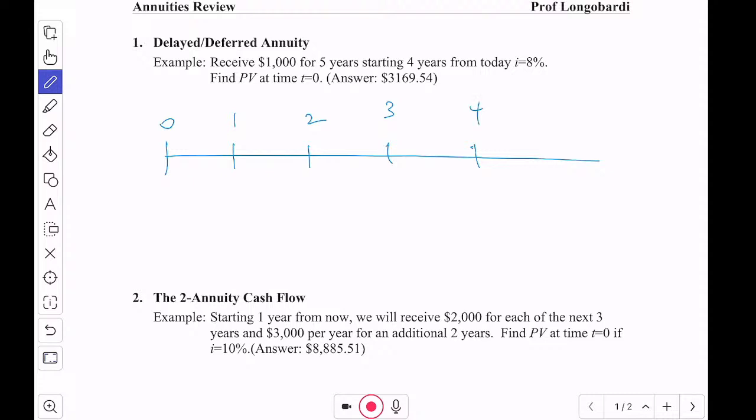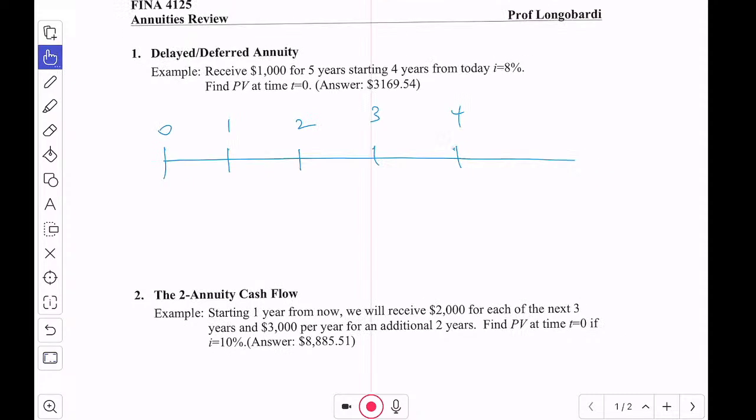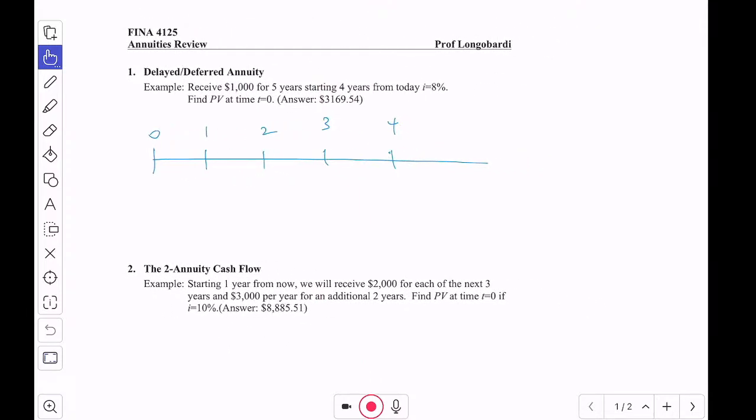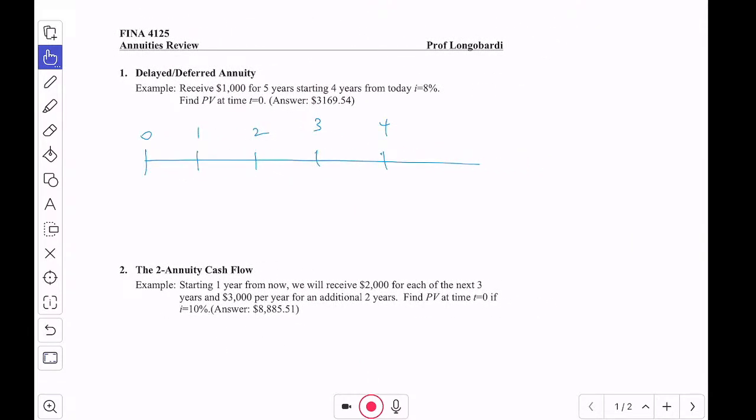So that's not really going to work, right? Because it's much more time. So start at the 4th year with $1,000, and then pay for 5 years.